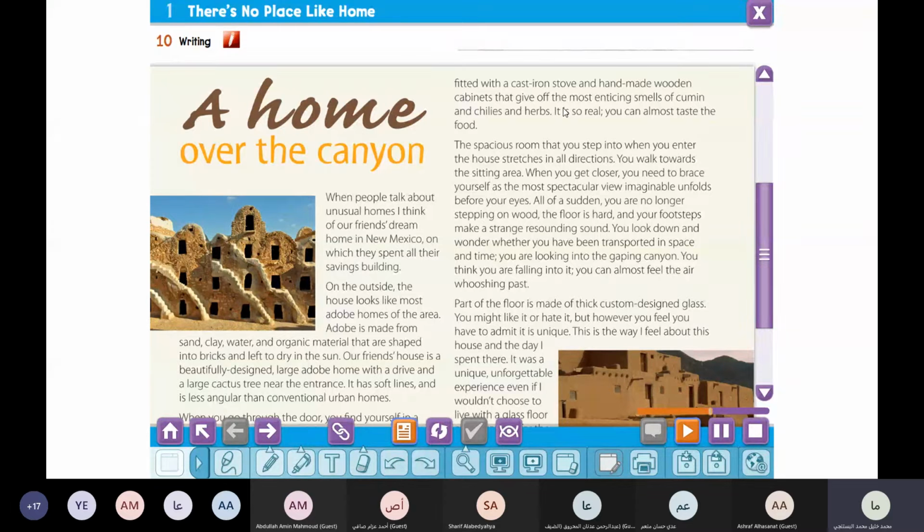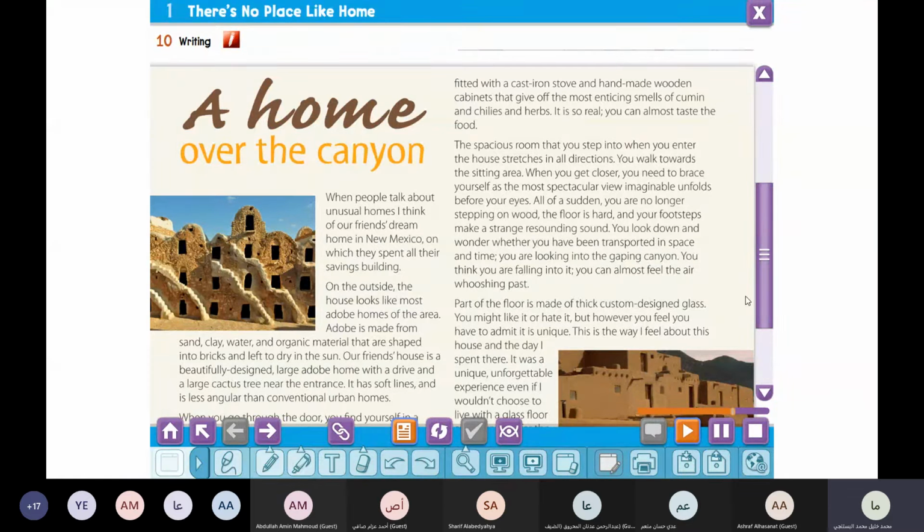The spacious room that you step into when you enter the house stretches in all directions. You walk towards the sitting area. When you get closer, you need to brace yourself as the most spectacular view imaginable unfolds before your eyes. All of a sudden, you are no longer stepping on wood. The floor is hard, and your footsteps make a strange resounding sound.